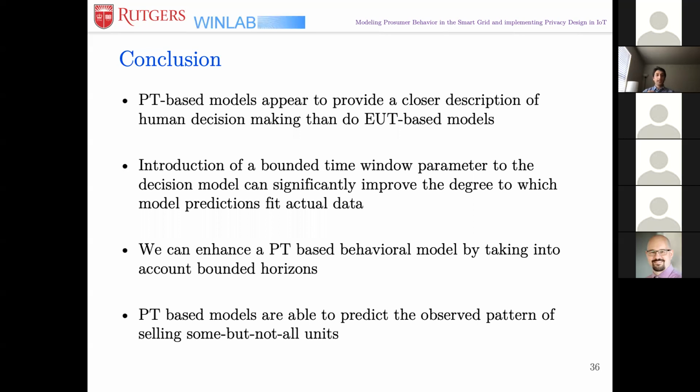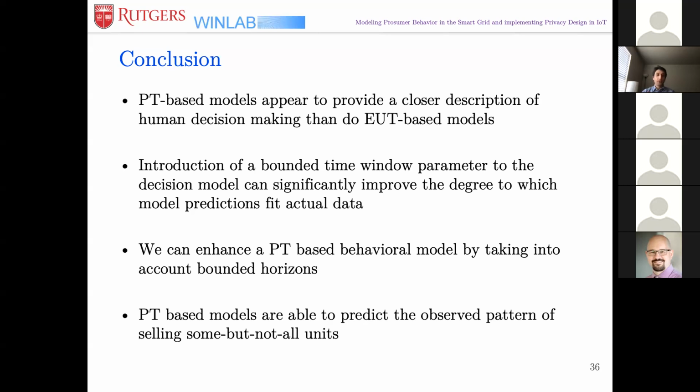And in our energy grid experiment, where a series of related sell and hold decisions must be made over an extended period of time, the introduction of a bounded time window parameter to the decision model can significantly improve the degree to which model predictions fit actual data.